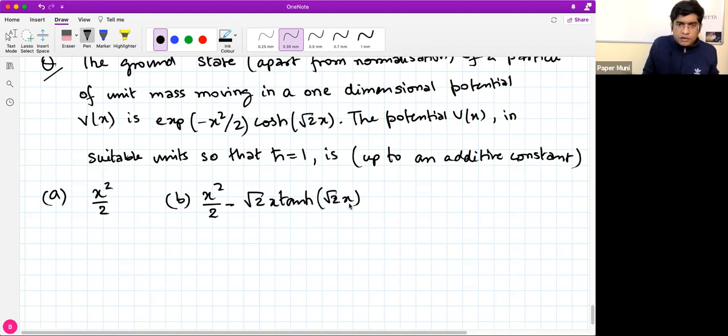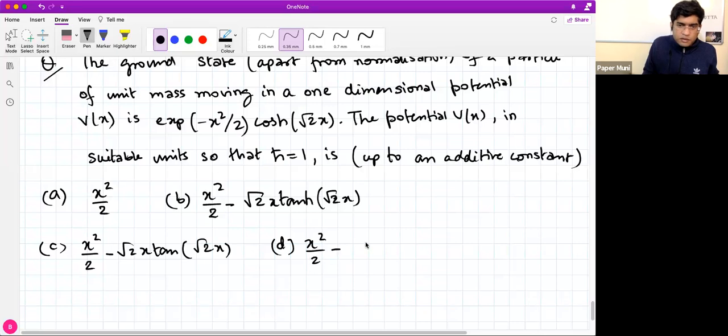But if you are not good with plotting, or if you have not watched my videos on plotting on YouTube, then you might have some problem. This is coth(root 2 x).